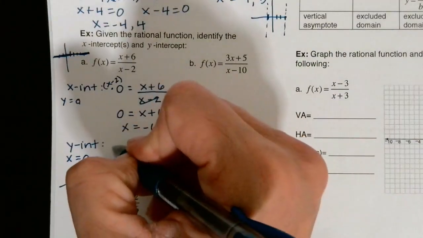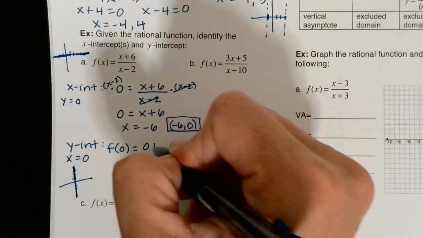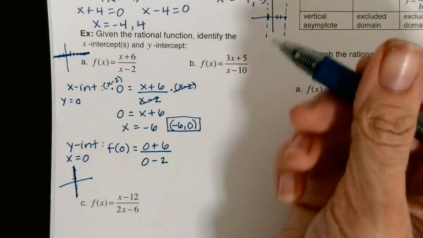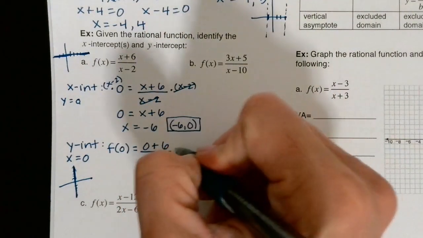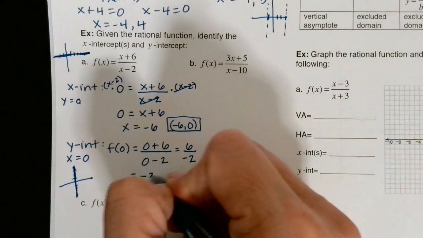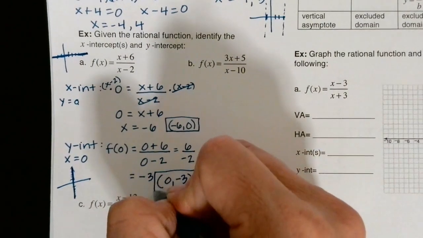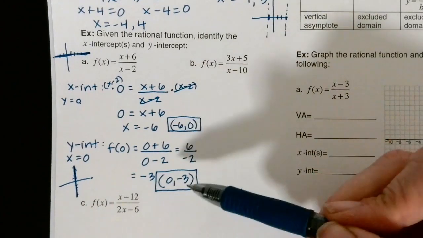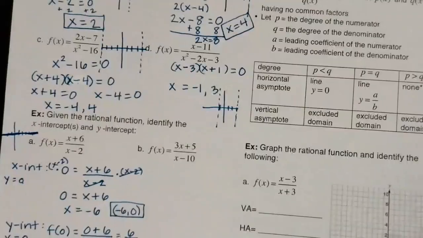So when I do this, instead of setting it equal to 0, I plug in 0 for x, and I get 0 plus 6, which is 6, divided by negative 2, which equals negative 3. So this one has a y-intercept of 0, negative 3. X-intercept, y-intercept.